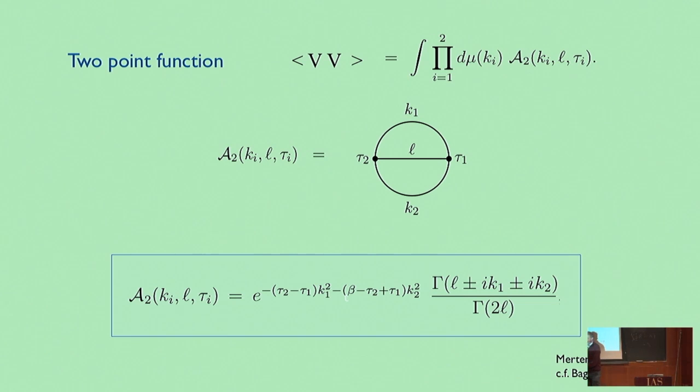For example, if I take a 2-point function in SYK, I can represent it as an integral over a variable that here I'm calling K, which is essentially the energy of the intermediate state. If I have 2 operators at tau 1 and tau 2, I can represent the 2-point function as a boundary-to-boundary propagator, but then there are intermediate states with energy, and I'm going to project on a given energy.